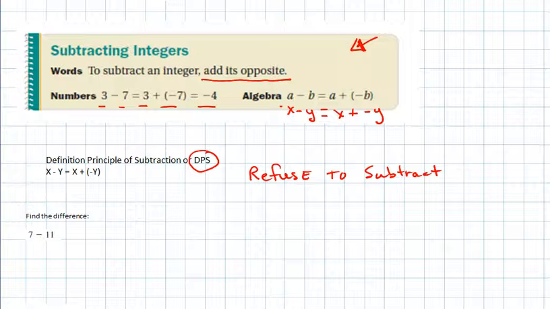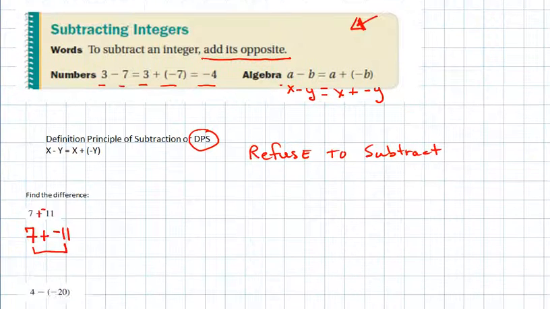The first problem, we have 7 minus 11. I'm going to rewrite this as 7 plus the opposite of 11, or -11. So I added, and then the opposite of the number behind it. Alright, we have 2 different signs.